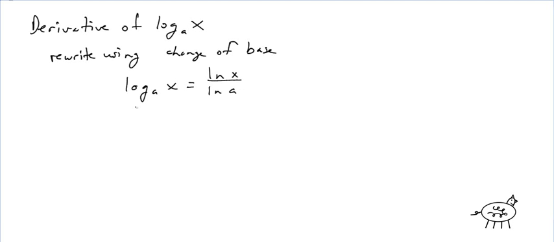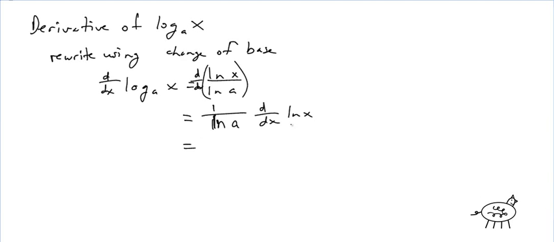Okay, so let's take the derivative now of both sides. So d by dx of that and d by dx of that. Okay, and so that's going to equal, do you guys agree that ln of a, that's a constant, so I can just do this, 1 over ln of a, and then times the d by dx of ln of x, right?